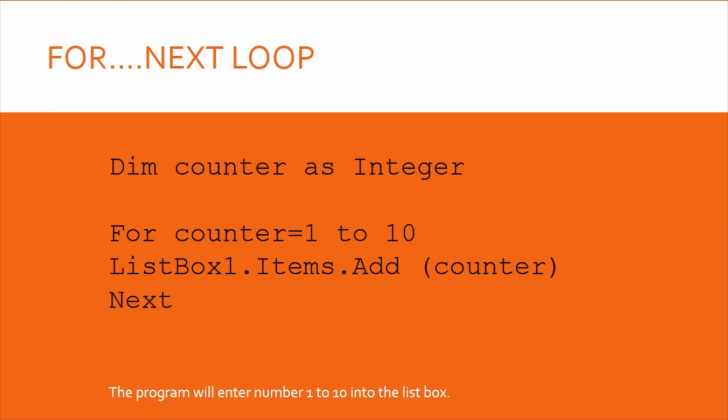So we can save lines of code by using a looping statement. This code will enter the numbers from 1 until 10. When it exceeds the number 10, it will exit the loop.